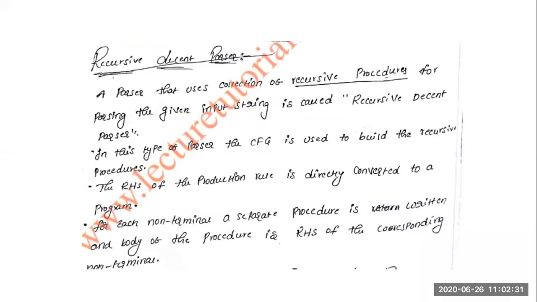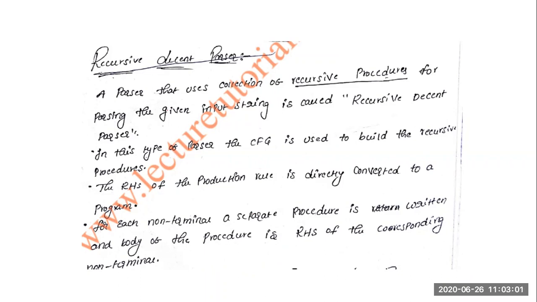The simple logic of the recursive descent parser is, whenever a grammar is given, for every non-terminal we write a recursive function.